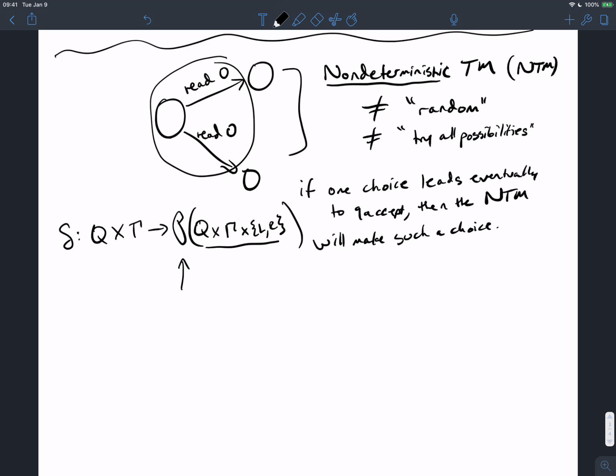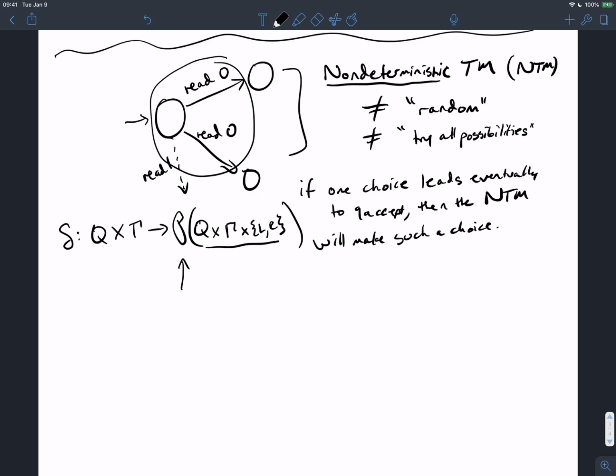So it may be the case that there's no transition coming out here that reads a 1. If we get to this state and we see a 1 on the tape, then that means the computation stops because I have no place to go. But if I get to that state and I see a 0, then I have two choices.